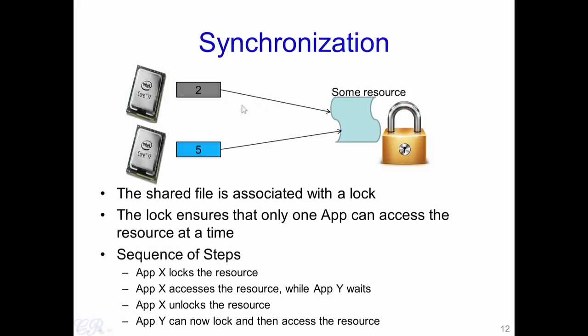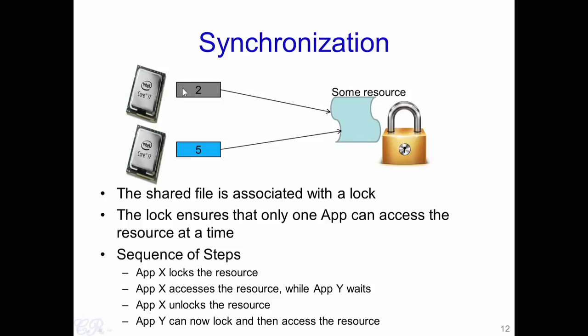For instance, we have application X which wants to use the resource. In such a case, application X should lock the resource. Locking the resource would mean that no other application, such as app Y or 5 in this case, would be able to use this resource.